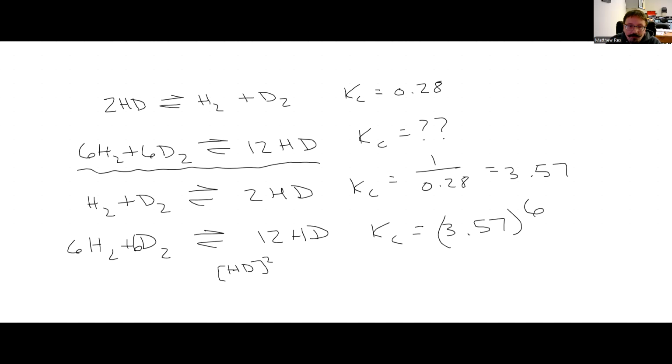Now there's a 12 in front of that, so I take that 2, multiply it by 6, and for the reaction that we want to match, that would be raised now to the 12th power. So that's why I take K raised to that power, not multiplied. With your calculator, you could do a squared, and then you could do a cubed if you want to take you to that value right there.